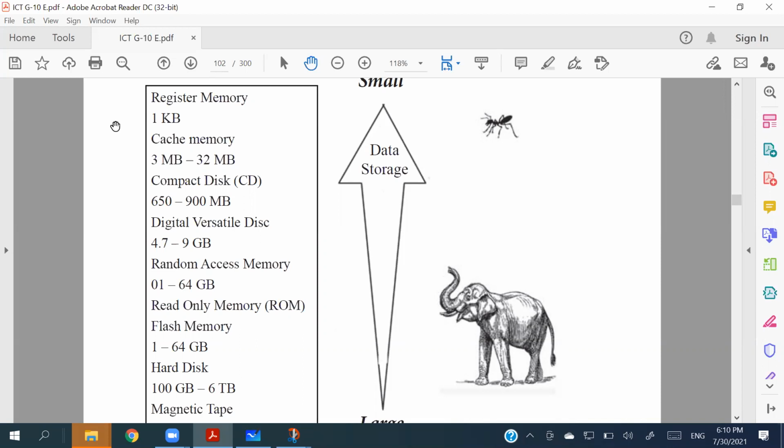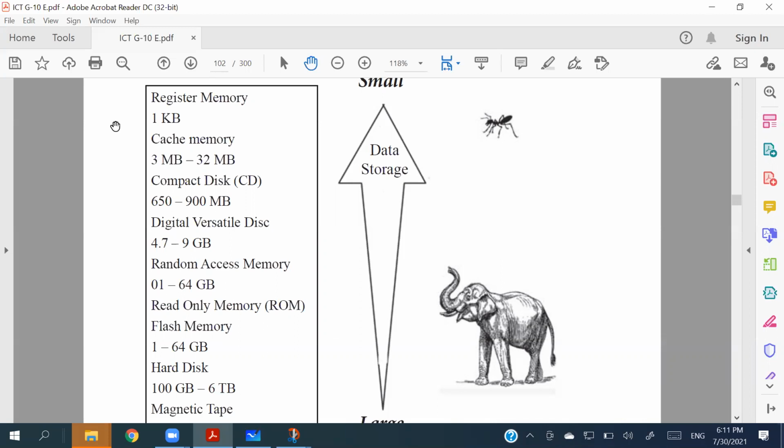And then after the cache memory, they consider the compact disks, the CDs, as the next largest storage, which is an external storage, not an internal one. Register and cache memory are both considered internal storages. Compact disk is a secondary or external storage, which is 650 to 900 MB.